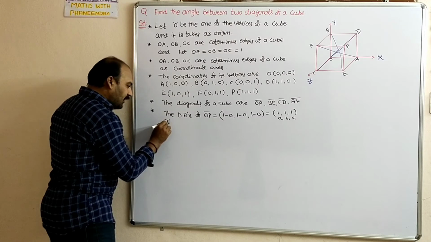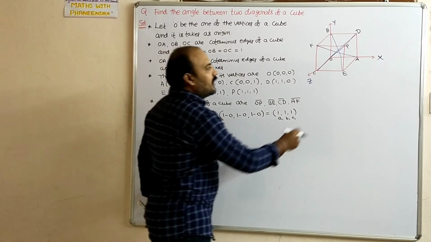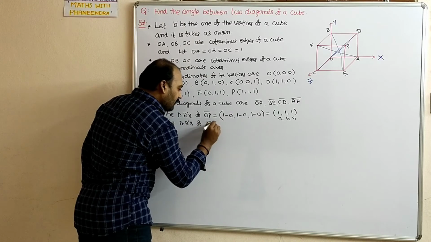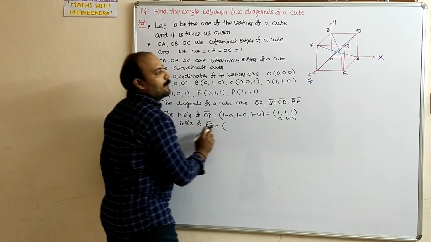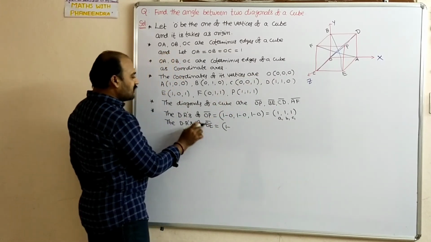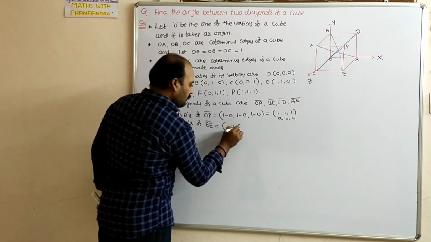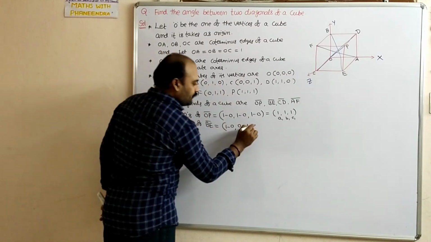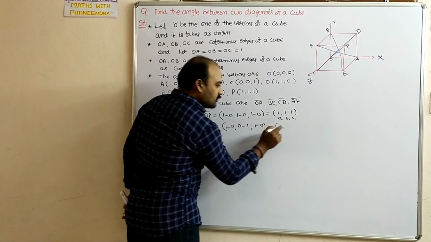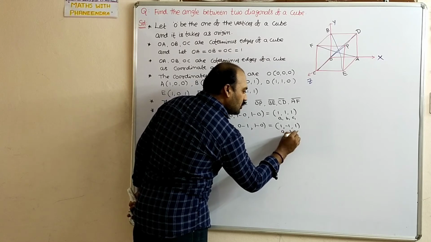Second, the BE diagonal. BE means E point minus B point. E point is 1, 0, 1 and B is 0, 1, 0. So 1 minus 0 is 1, 0 minus 1 is minus 1, 1 minus 0 is 1. So the second direction ratios are a2, b2, c2.